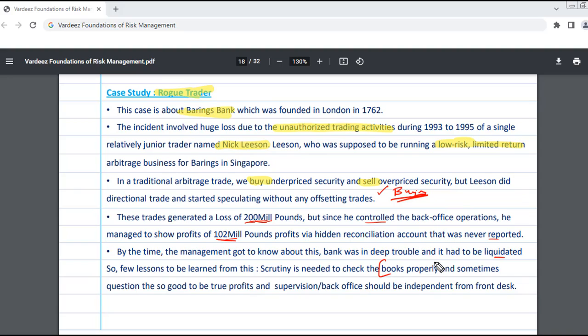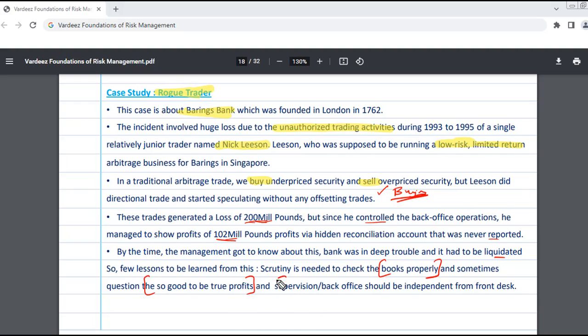A few lessons to be learned from this particular case study: scrutiny is needed to check the books properly. You cannot just depend on one person who is actually controlling the back office. We need to check the books properly, and sometimes you have to question the too-good-to-be-true profits. I mean, you got this profit, how? You need to question that sometimes just to get to the root of the issue.